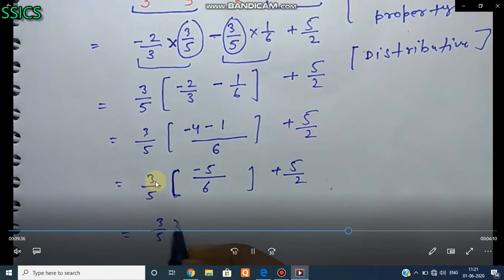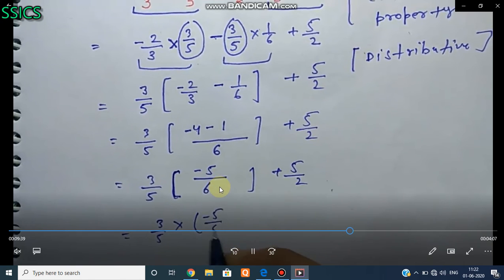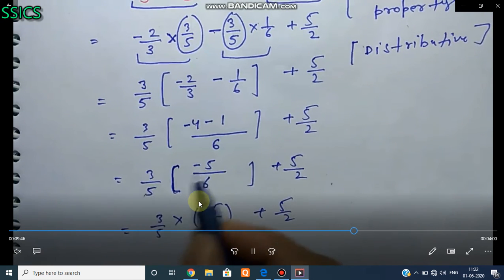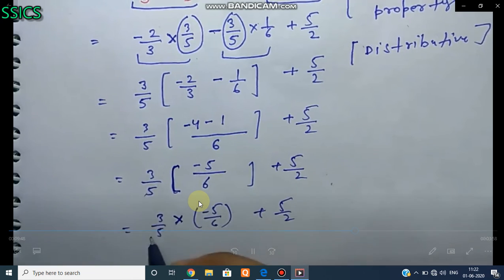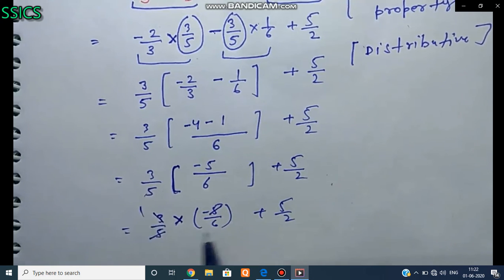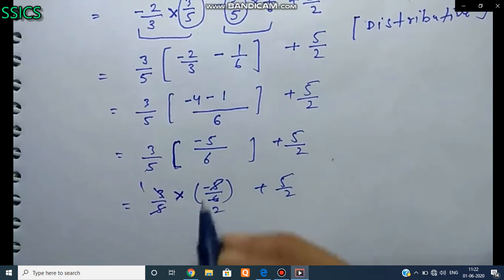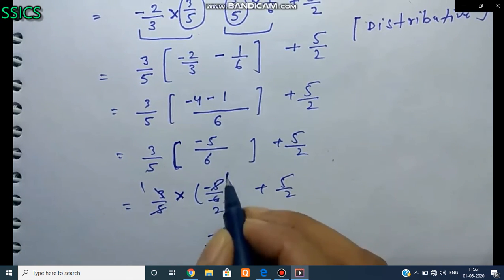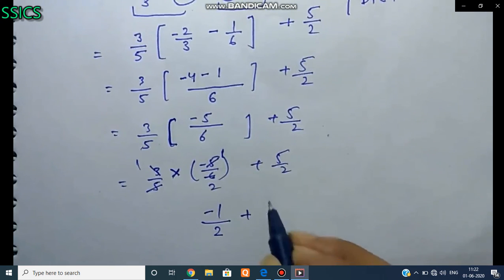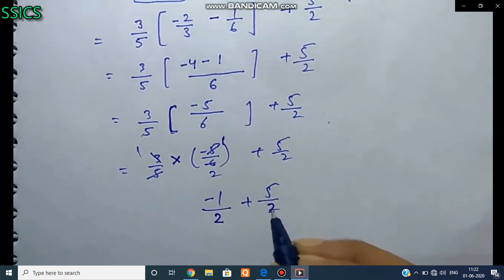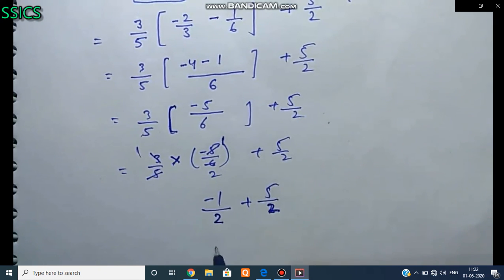Next, 5 gets cancelled, and we rewrite plus 5/2. 3 ones are 3, 2 threes are 6, hmm, 3 ones are 3 and 3 twos are 6, nothing there means -1. It is -1/2 plus 5/2. Here both denominators are the same, so take 2 as the common denominator.